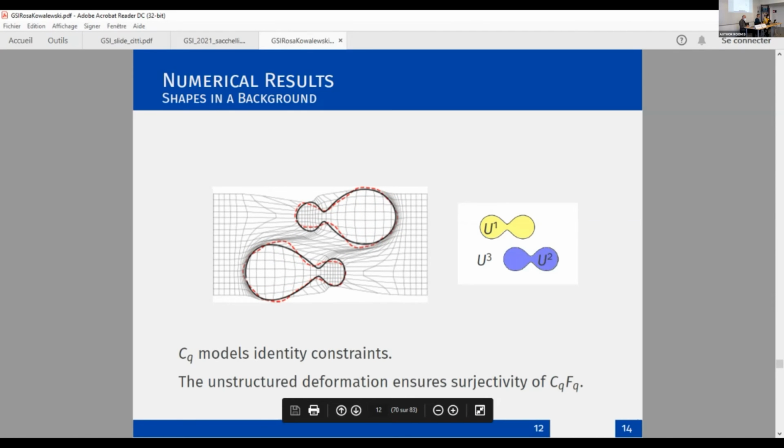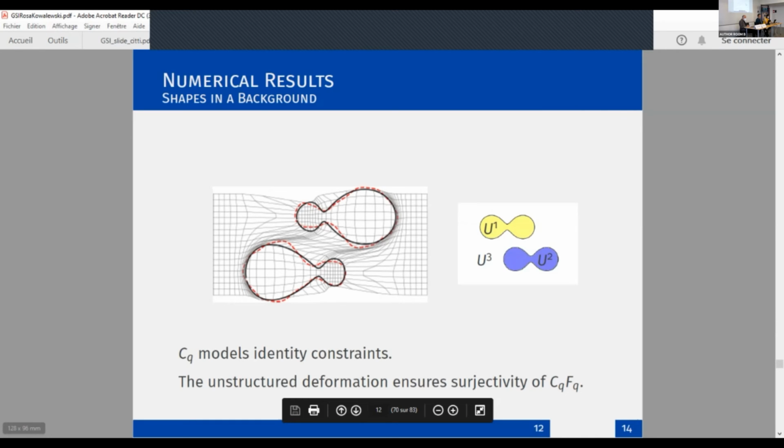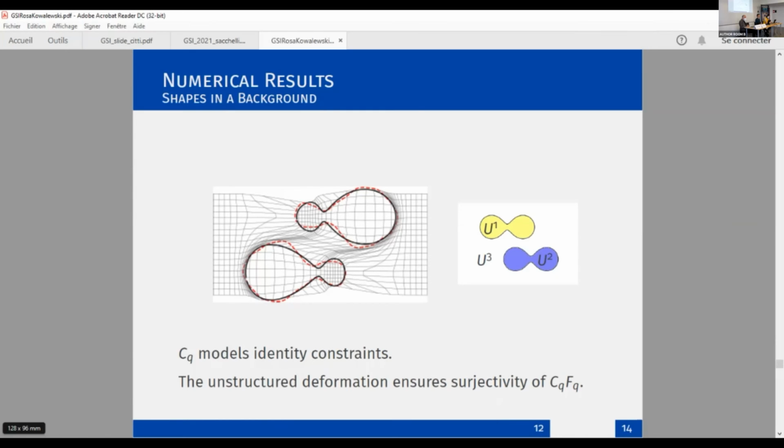And you can see that by choosing the regularity of the background accordingly, we can make the shapes move very close to each other while maintaining this structured, very regular deformation inside each shape. And you can also see how the deformation is continuous at the boundaries, but not differentiable, which is what identity constraints model.